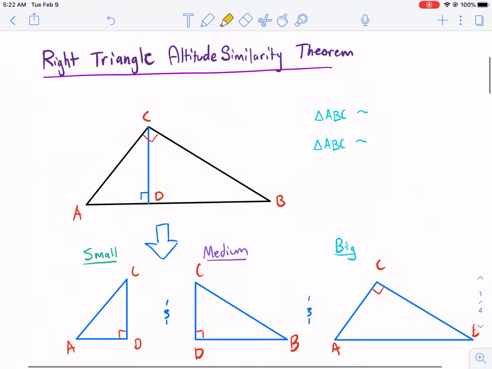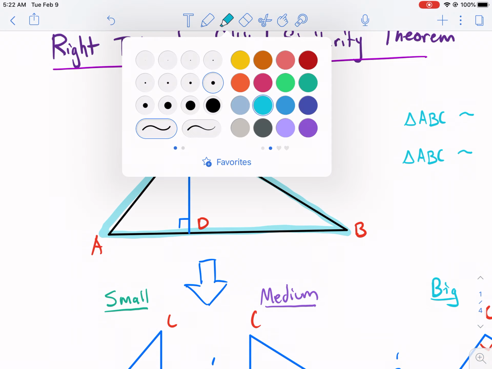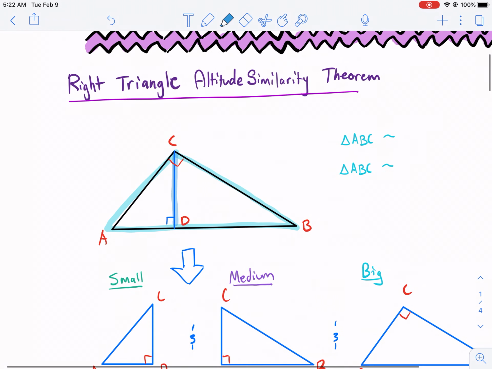Now, here we have a right triangle, and I'm going to highlight the big one. If we draw an altitude, you can see it drawn as CD. This splits it up into two additional right triangles. Let me draw those.